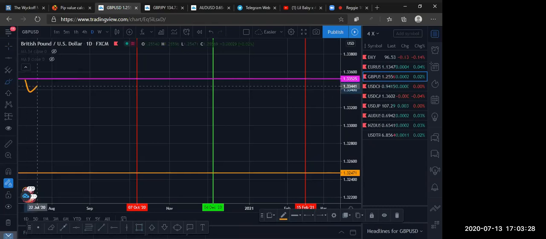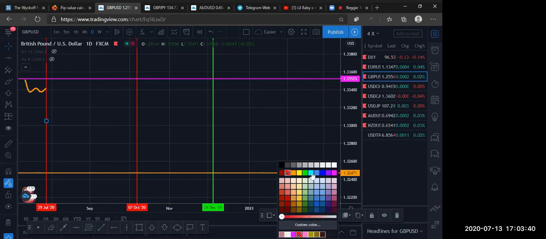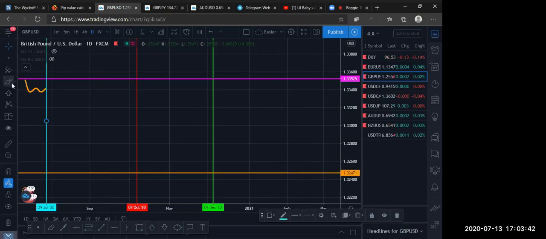So you're coming off this resistance. You got in for a sell right here, and we're going to make this line aqua blue. So now you got in for a sell. It probably came back and retested that resistance line one more time, and then it started making its way down.